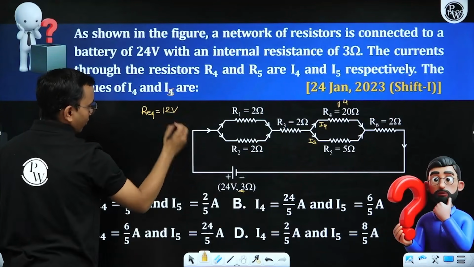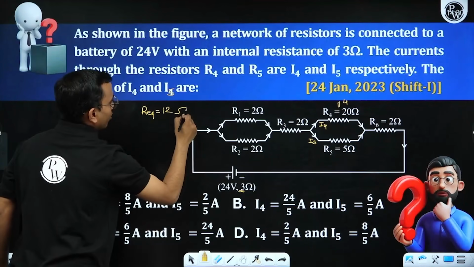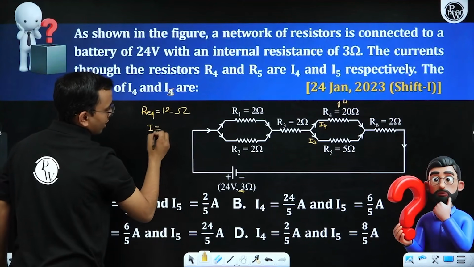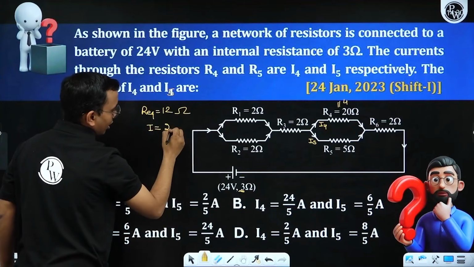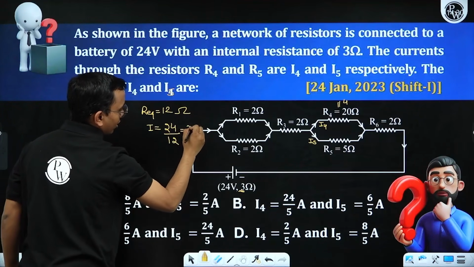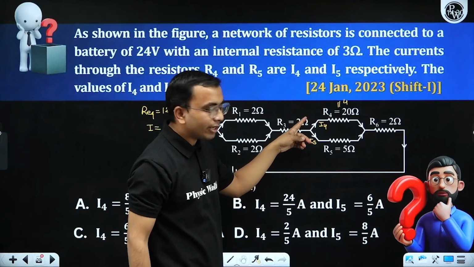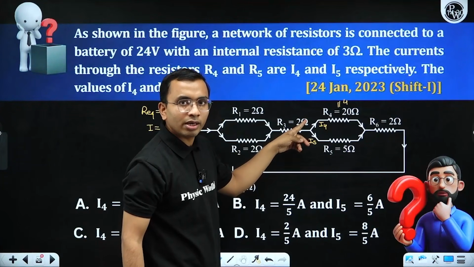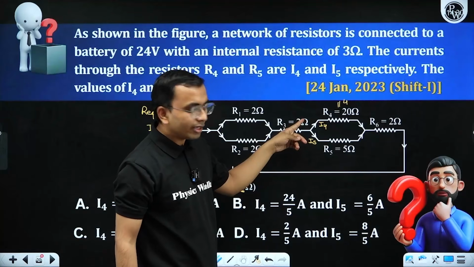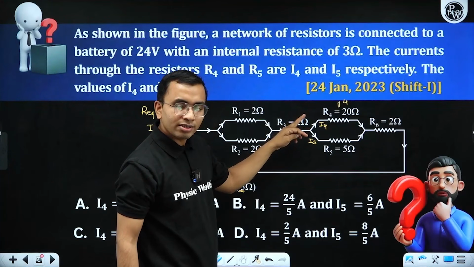Total current is the total EMF, 24 divided by 12. What is that? 2 ampere. So 2 ampere current is coming. Now this 2 ampere current is divided into two resistors connected in parallel. The current will be divided in the opposite ratio of the resistances.